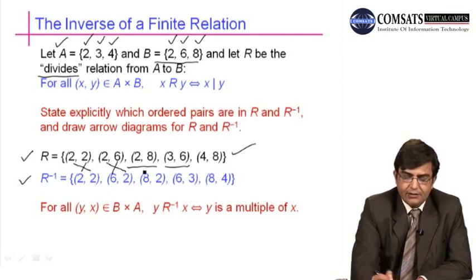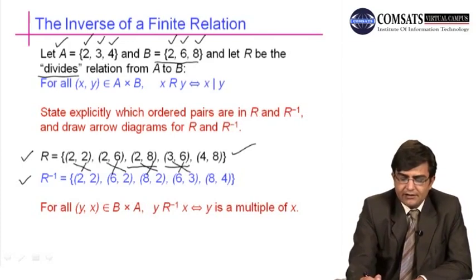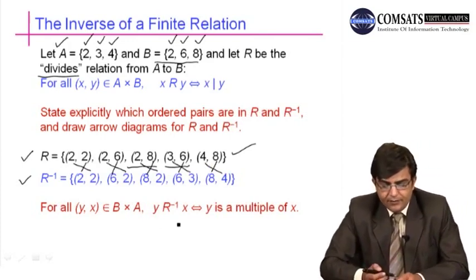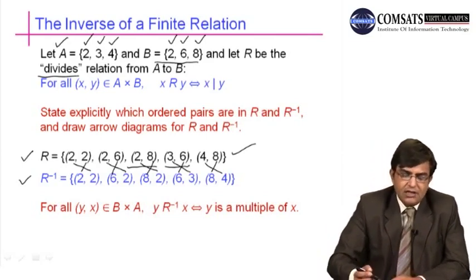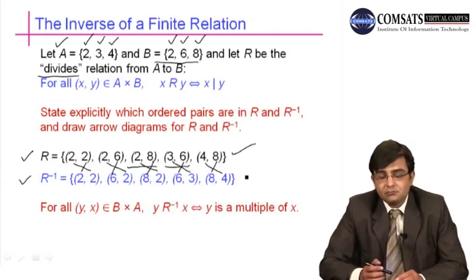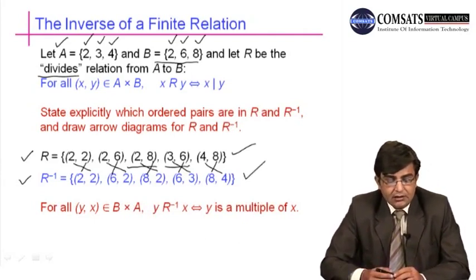Here we write 8 here, 2 here. Here we write 6 here, 3 here. Here we write 8, 4. So by interchanging the elements in the ordered pairs, we can directly obtain the inverse of this relation.